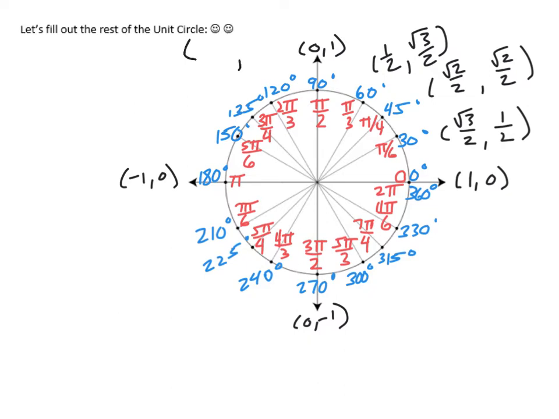I'm going to have the same x and y coordinate of 1/2 and square root 3 over 2. But at 120, because I'm in quadrant number 2, all that happens is the x becomes negative, okay? Because it was a reflection of 60 degrees.